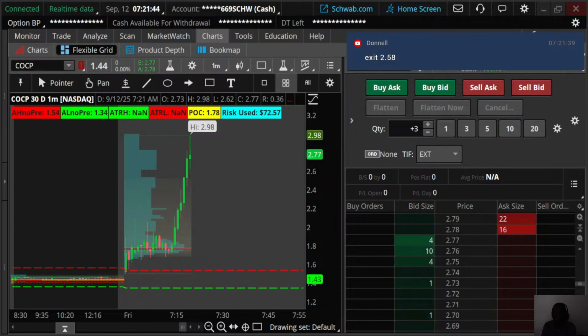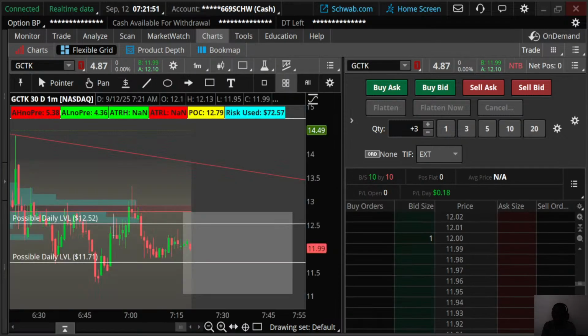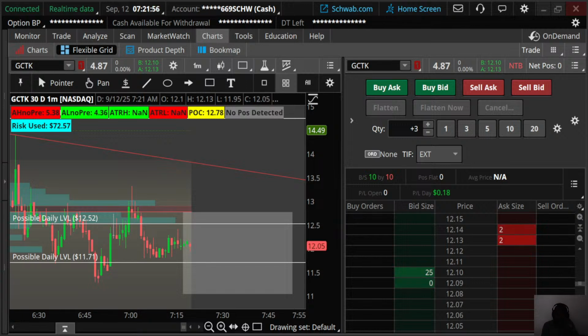Got in there at 219, got out at 250, nice. GCTK, you just holding this middle, huh?